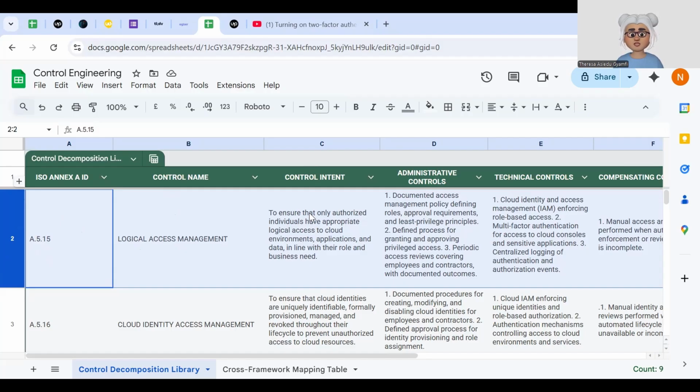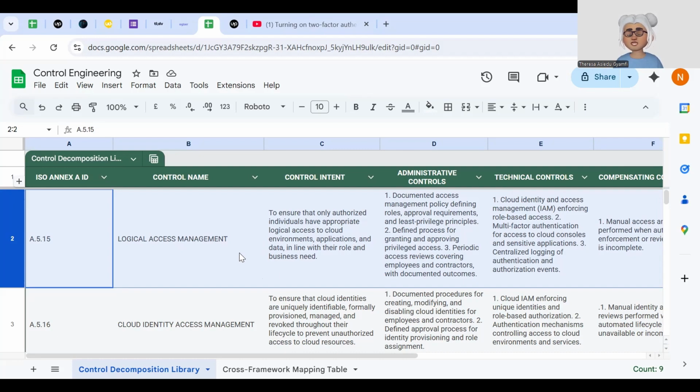For the organization I did this project for, this is how I framed the intent: to ensure that only authorized individuals have appropriate logical access to cloud environment, applications, and data in line with their role and business need. Here we are going to talk about least privilege, role-based access, and all that.